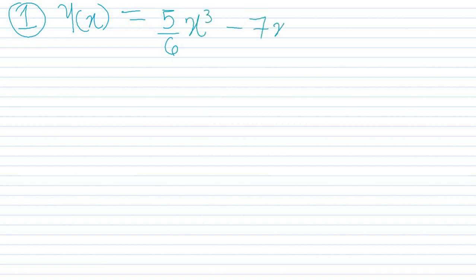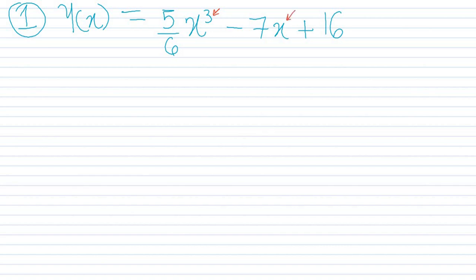Now let's jump to a question. It's like, dang, when are we going to get to a question? Well, now we're in a question. We have 5 over 6 x cubed minus 7x plus 16. And you're wondering, how do you solve this? Well, the first thing you have to do is check what the powers are. They told us that we have to differentiate. We can see from the question that this power here is 3.